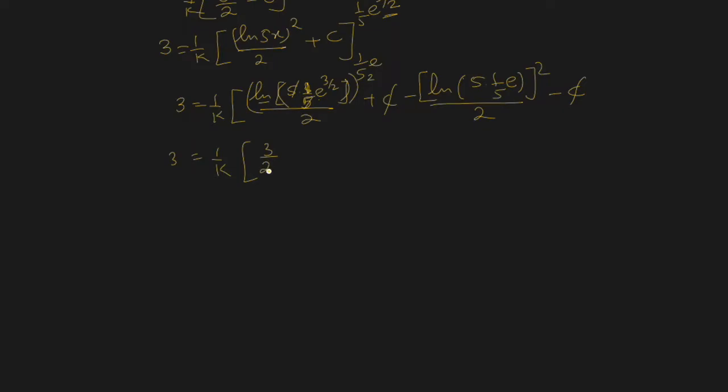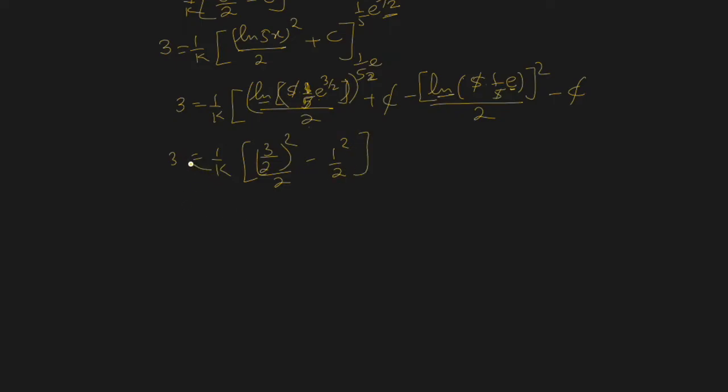There is a square here, so (3 over 2) squared over 2, minus. Here also 5 and 5 cancel. Ln and e neutralize each other, so we are left with just 1. So 1 squared over 2.